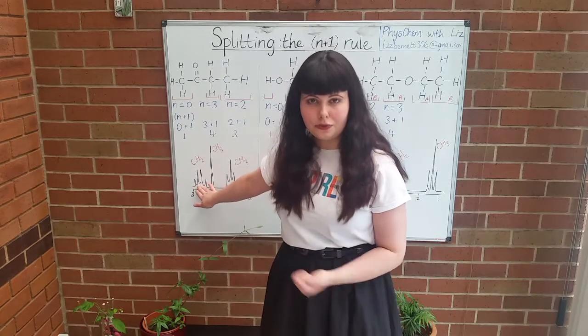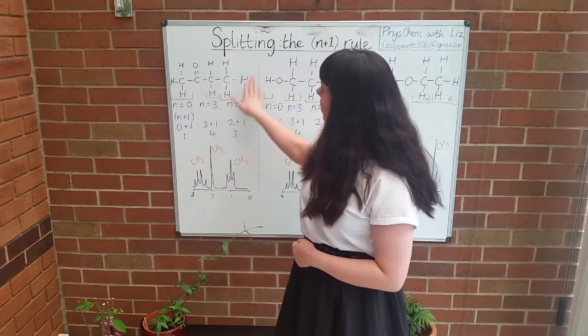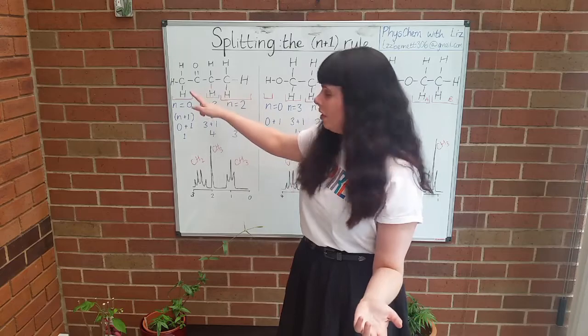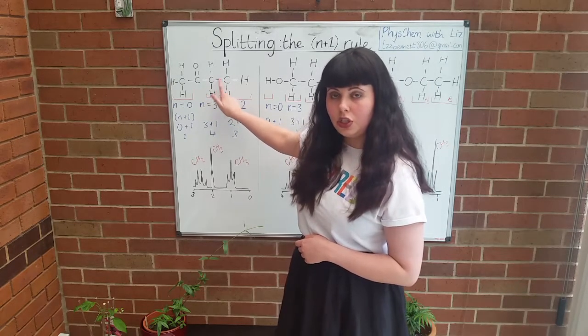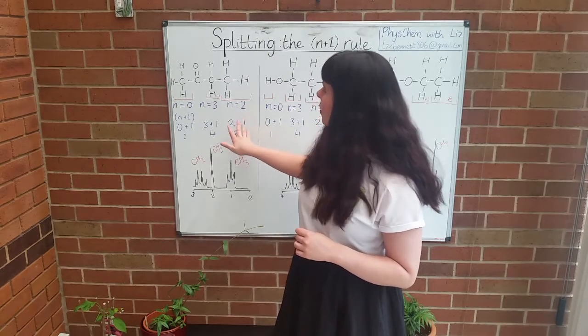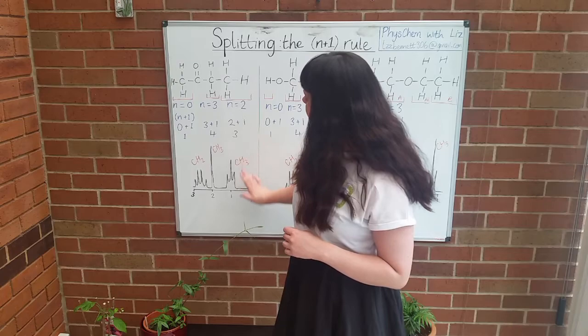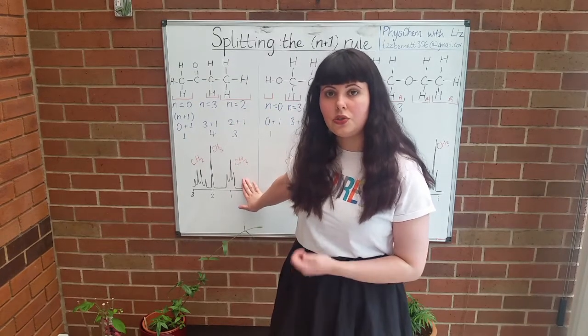It's split into 4. And then here we have another CH3, but it's different to this one because its neighbour is a CH2. So n equals 2, it's next to 2 protons. 2 plus 1 is 3. Therefore this CH3 here splits into a triplet.